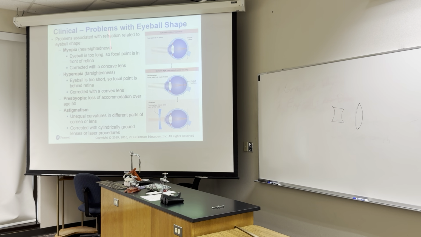So now I'm sure you guys are very familiar with this type of eye problem, right? For example, I have myopia, severe myopia. I cannot see very far without the corrective lens. Okay, so what does that actually mean?